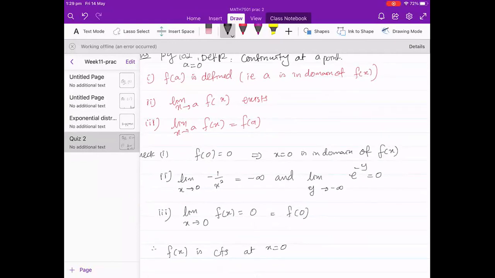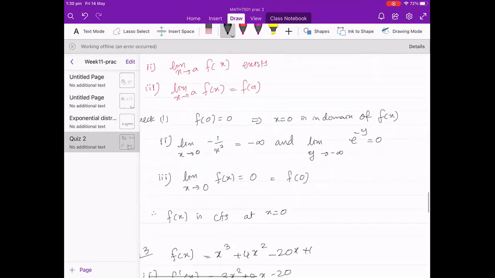Then the second criterion is whether the limit as x tends to a of f(x) exists. Okay, you can argue it like this. Limit as x tends to 0 of -1 over x squared is minus infinity, and the limit as y goes to minus infinity of e to the power y is 0.